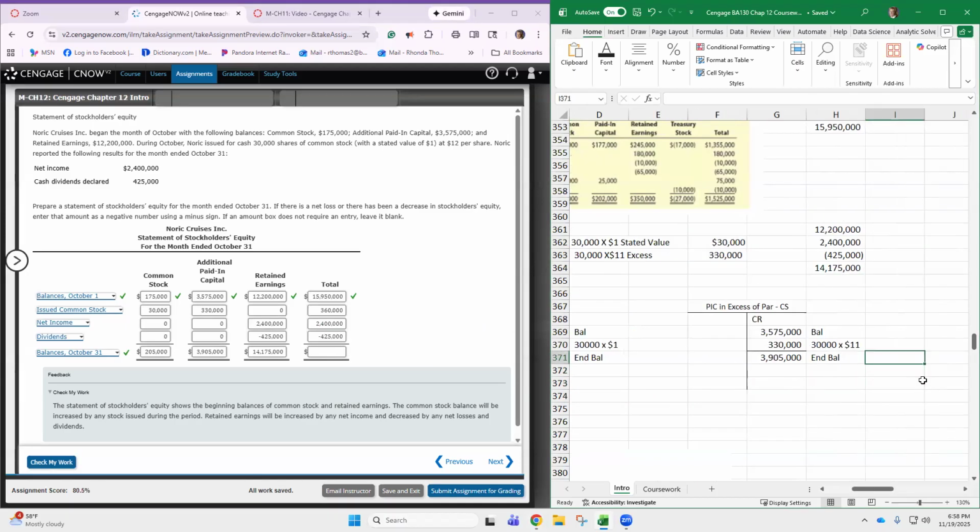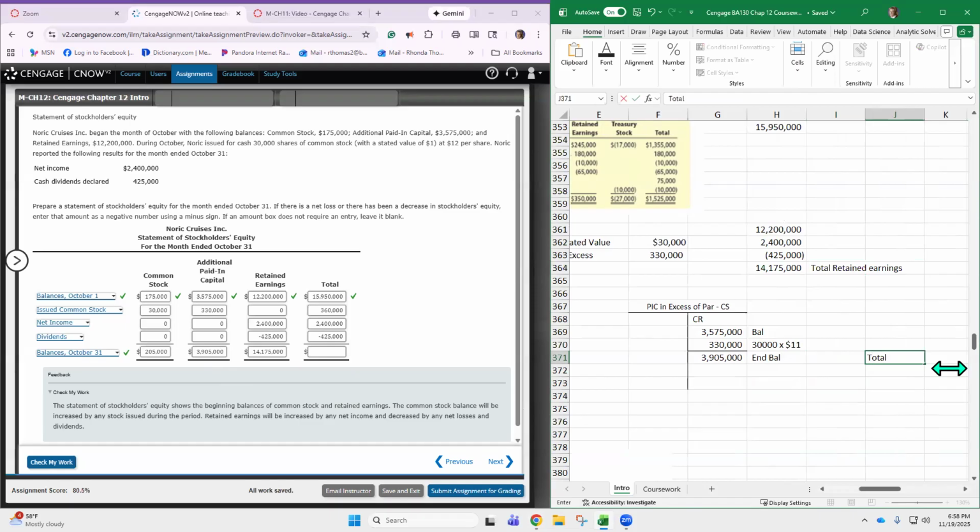I'll have a retained earnings here. So, oh, and by the way, this is total equity. So you do add common stock. So total equity. This is the total retained earnings. Okay. And now we're going to do the total equity.